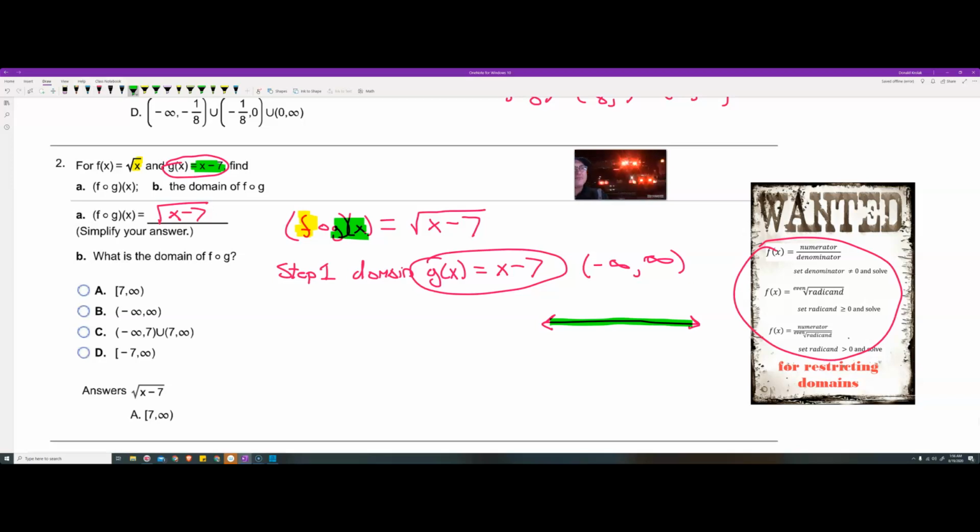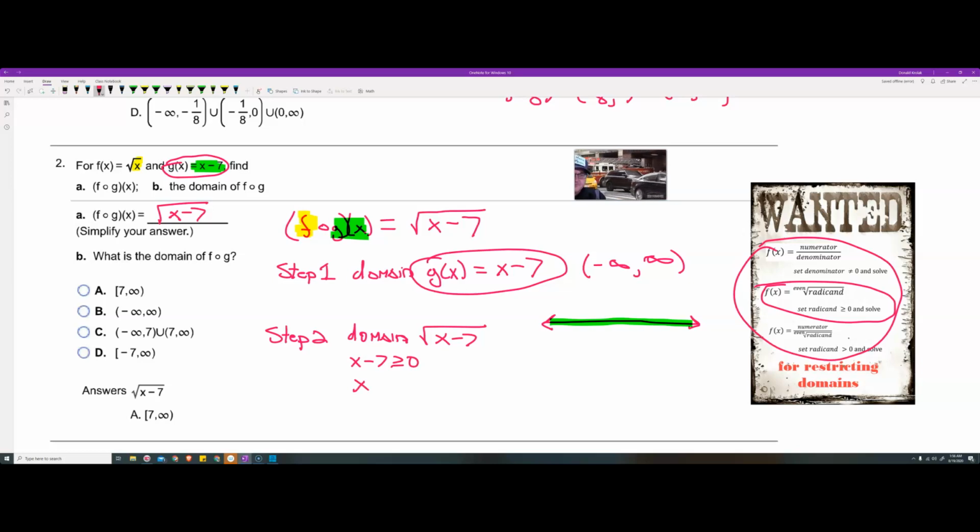Now the domain of my composite function, step 2. My composite was the square root of x minus 7. So I know to get that domain, I set the radicand greater than or equal to 0.